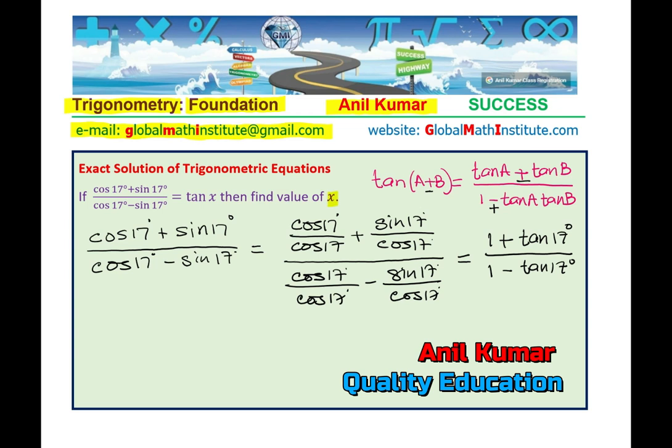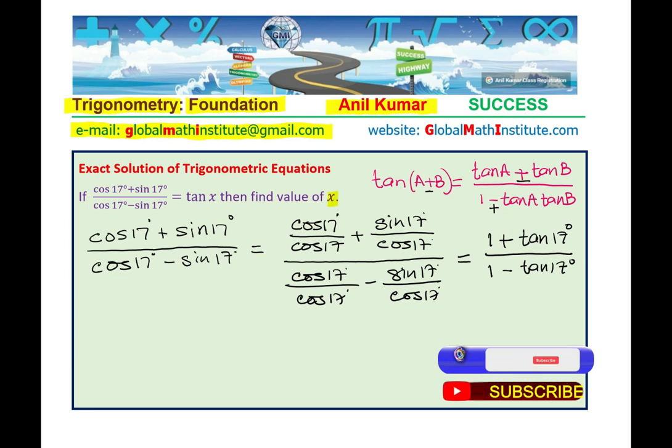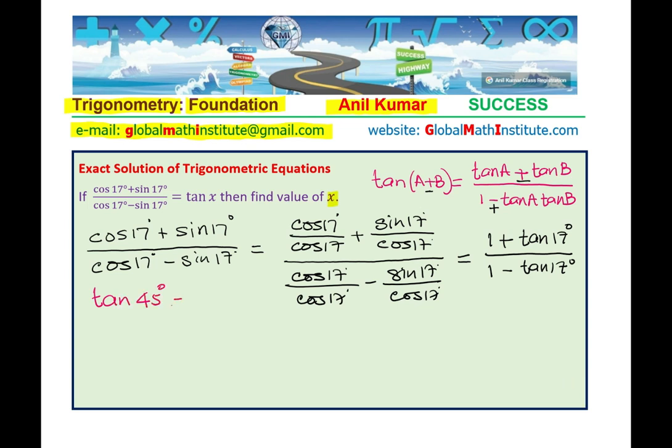Now, how do we get that tan(A plus B) kind of a thing? Well, one more thing I wanted to tell you is: what is tan of 45 degrees? Tan of 45 degrees is 1. So now we can replace 1 with tan 45 degrees.